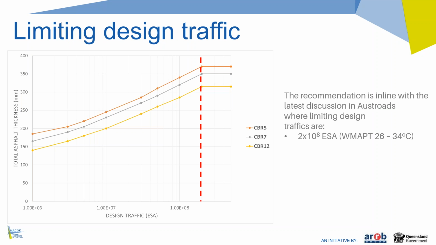This limit is actually in line with the latest discussion in the Austroads TT2044, which considers that, at the temperature zone between 26 to 34 degrees, an upper cap of 200 million ESA is considered. When I compare this with the upper pavement profile from the method, the thicknesses are quite comparable, and that concludes my part of the presentation.